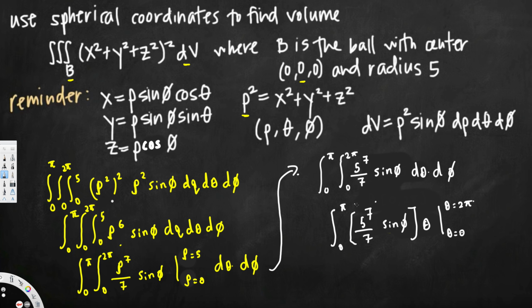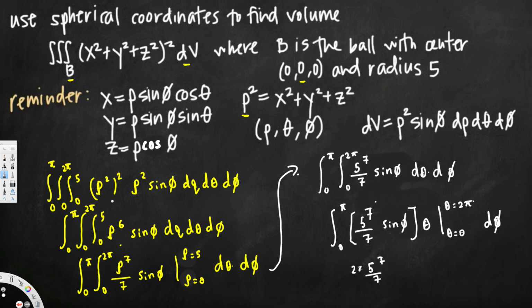Okay, the outer integral remains 0 to phi d phi, and if we place 2 phi, that's going to be a multiplication, and if we place 0, the whole thing is going to turn into 0, so we only have to place this one. So this is going to be 5 to the power 7 divided by 7, and also we have 2 phi.